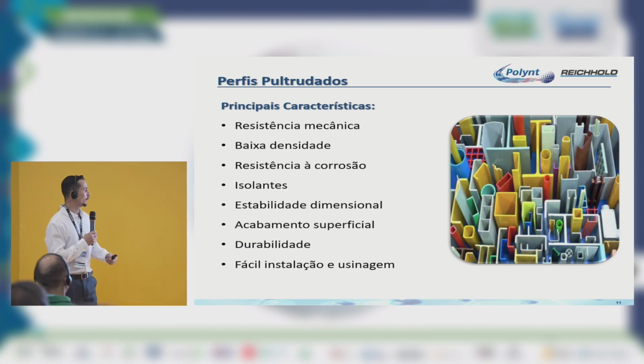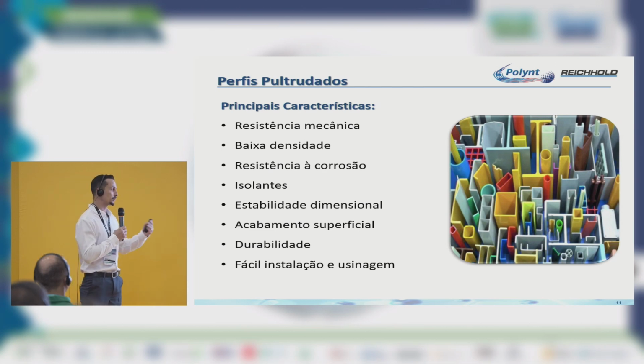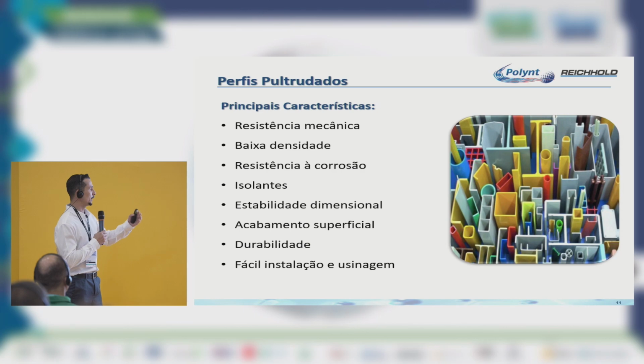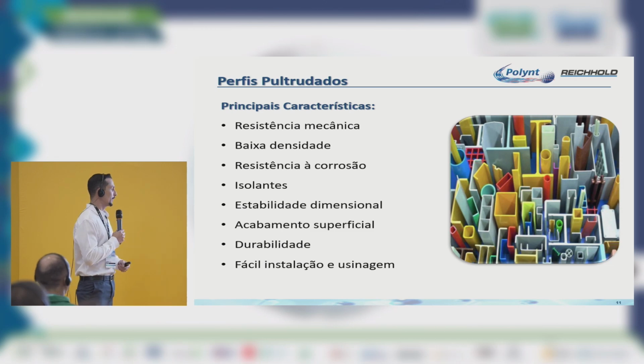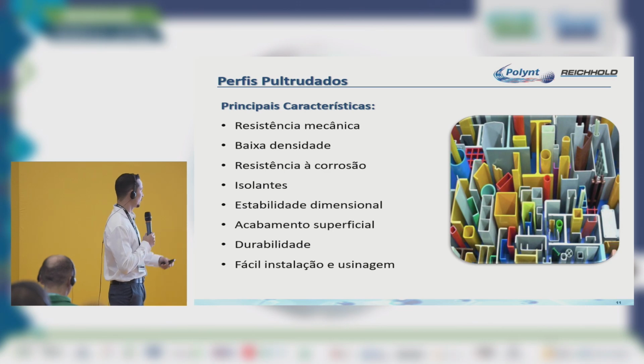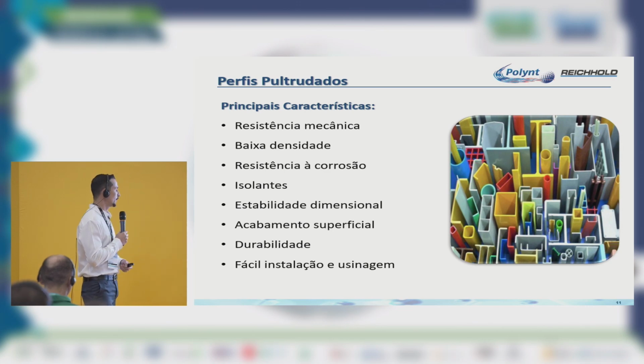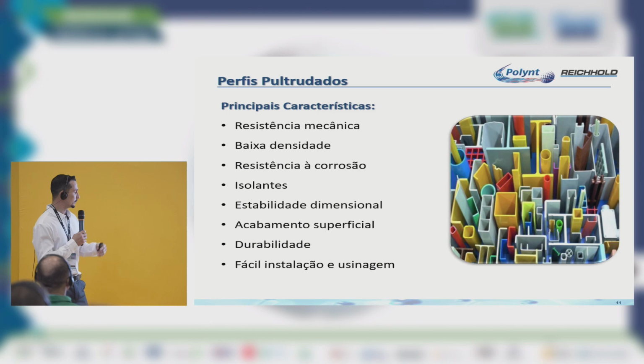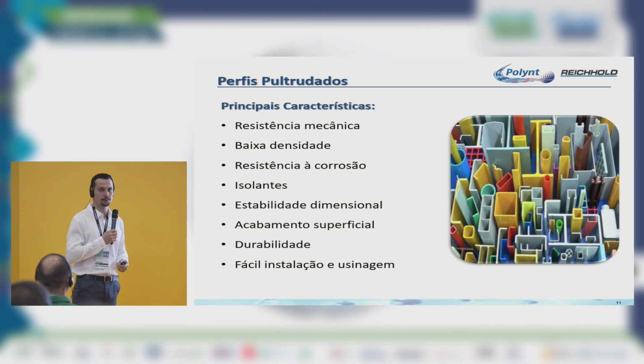It's a homogeneous product, free of cracks. And the use of the surface veil gives you a good finish. It's highly durable compared to steel, concrete, and wood. And if you paint it with PU paint, you can make its life longer.